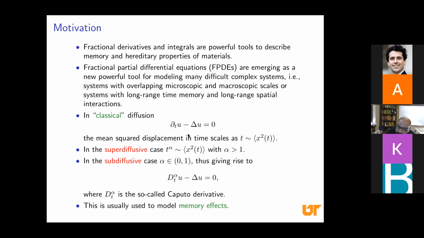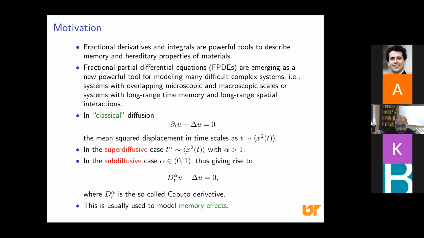So if in the classical diffusion case the scaling 1 to 2 gave you one time derivative to two space derivatives, then heuristically it makes sense to say that in the subdiffusive case you're going to have a derivative of order alpha between 0 and 1, and that is what we're going to call the Caputo derivative.